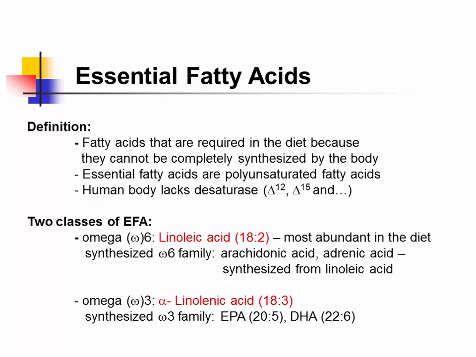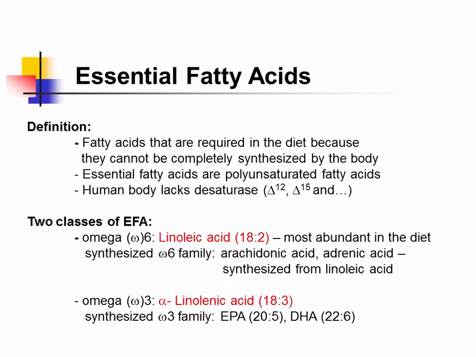The other category is omega-3. The omega-3 essential fatty acid is alpha-linolenic acid, 18 carbons and 3 double bonds. Other fatty acids that belong to the omega-3 family are EPA and DHA. EPA has 20 carbons and 5 double bonds, and DHA has 22 carbons and 6 double bonds.